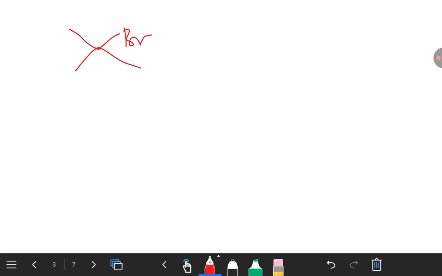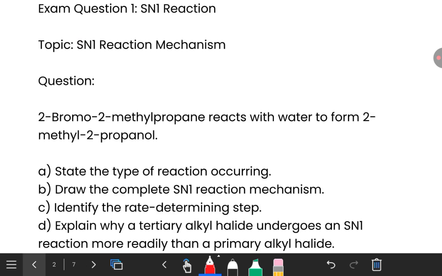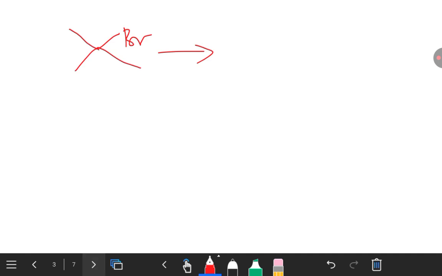So this is 2-bromo-2-methyl-propane. Then it is reacting with water to form that alcohol. So we have water in this reaction.